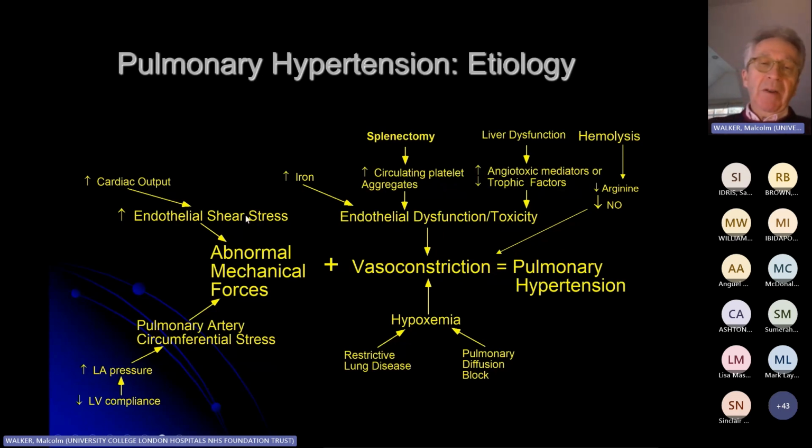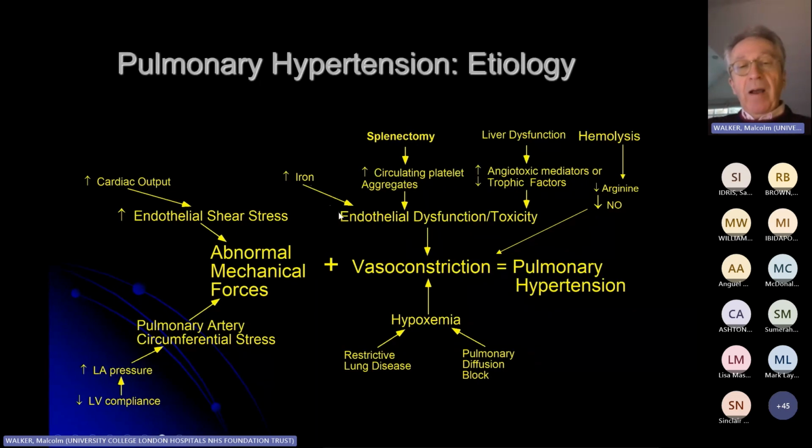I'm not going to completely stick on these, but the long-term increased cardiac output increases shear stress in the vessels. That causes abnormal forces, and you end up with some vasoconstriction related to hypoxemia, some associated hypoxemia related to restrictive lung disease, problems with diffusion at the capillary level.